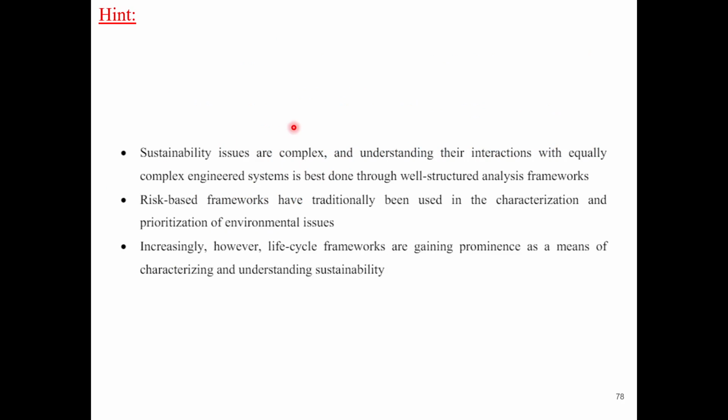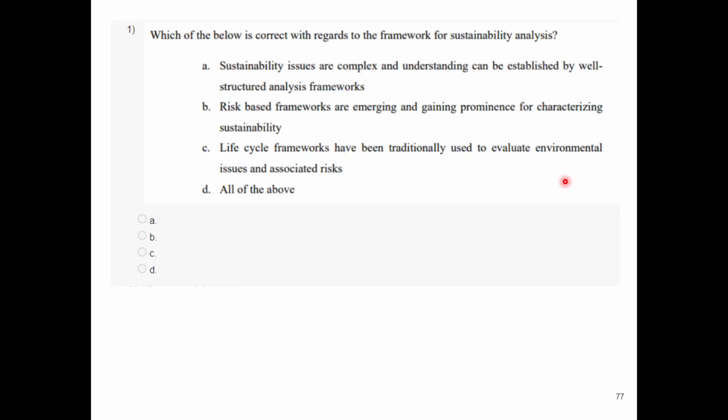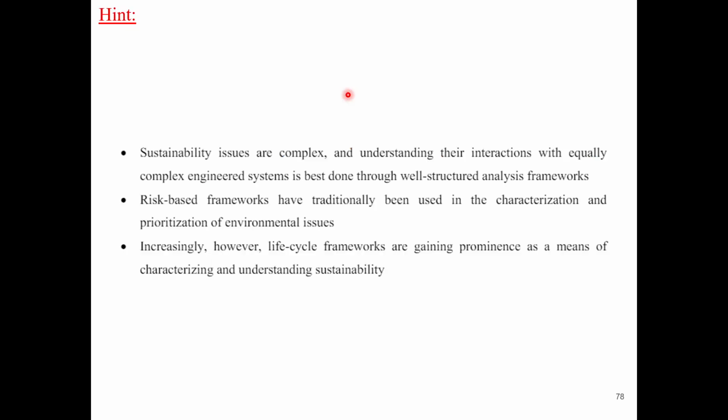If you see here, the hint: sustainability issues are complex, and understanding their interactions with equally complex engineered systems is best done through well-structured analysis frameworks. So the first option is correct. For the second, risk-based frameworks have traditionally been used.